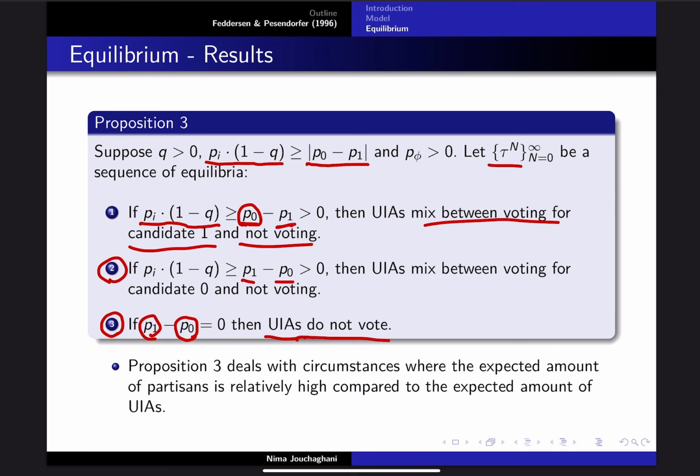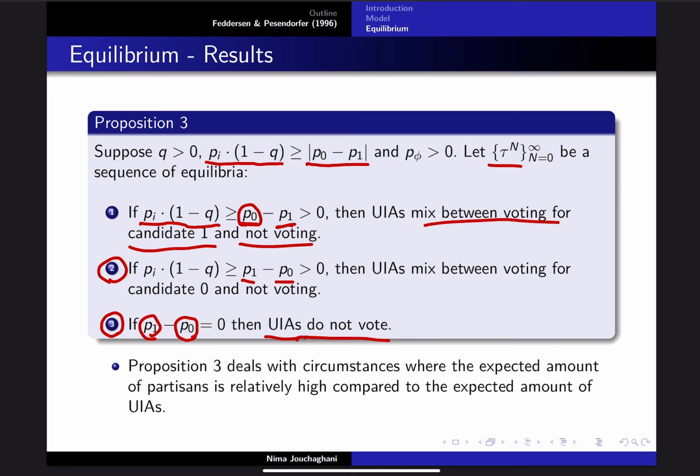The reason is simply that if the expected amounts of partisans are the same, then the informed independent agents will with certainty determine the outcome of the election, because they will simply add up to the equal amount of partisan votes for each of the candidates. Hence the uninformed independent agents do not need to vote, because their utility will be maximized, especially when they do not vote, because if they would vote, then they could again affect the outcome of the election in a wrong way.